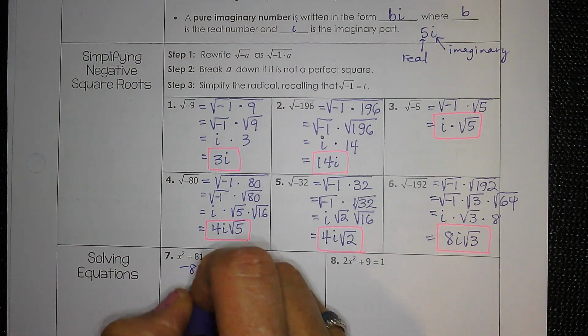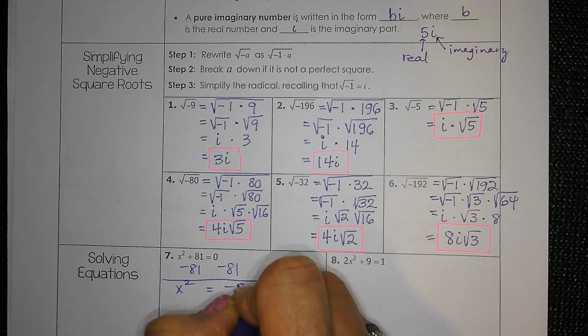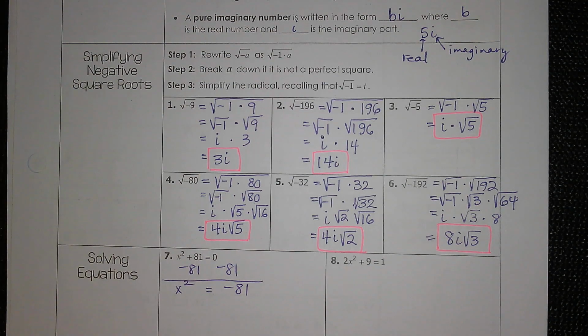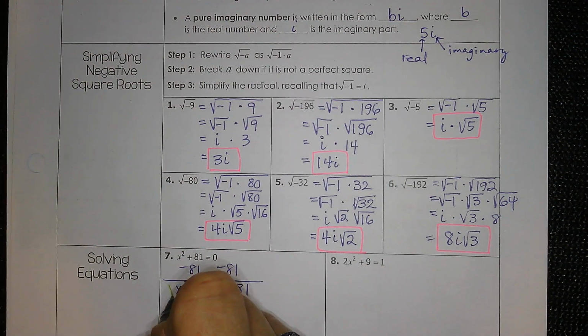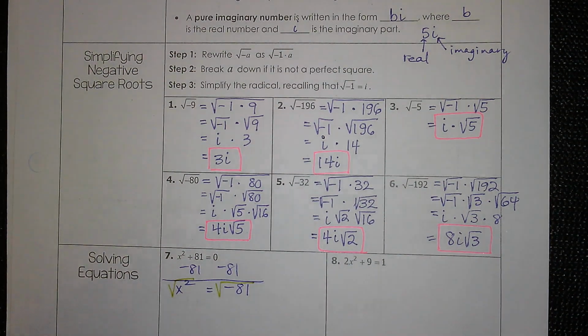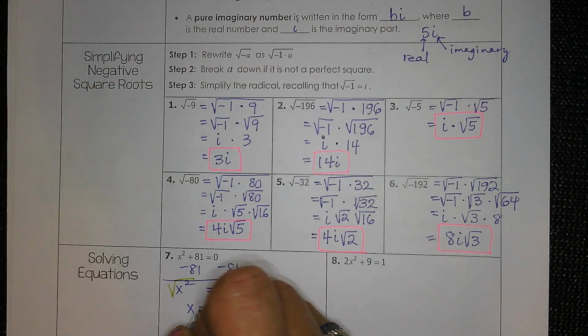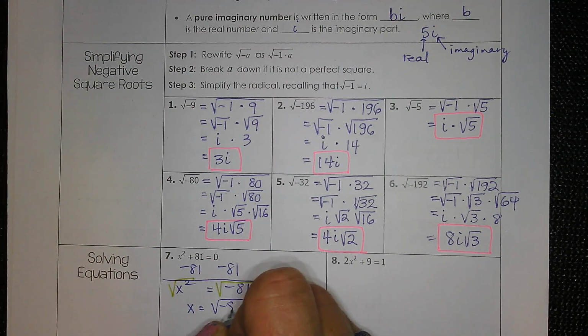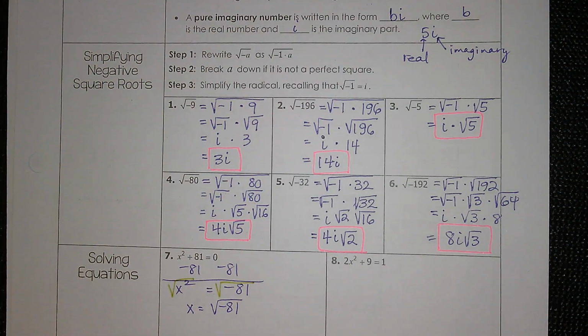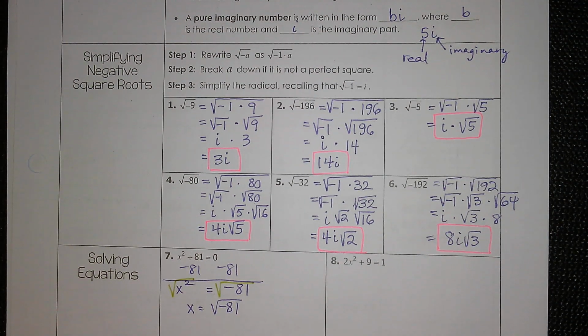Okay, everybody, let's subtract 81 from both sides. Perfect. Because you don't want x squared, you want x. All right, so now I have x equals the square root of negative 81. We now know how to deal with negative square roots.